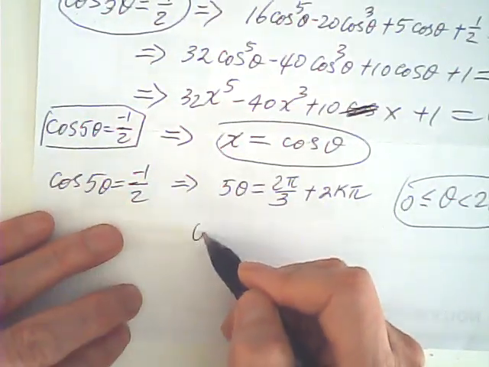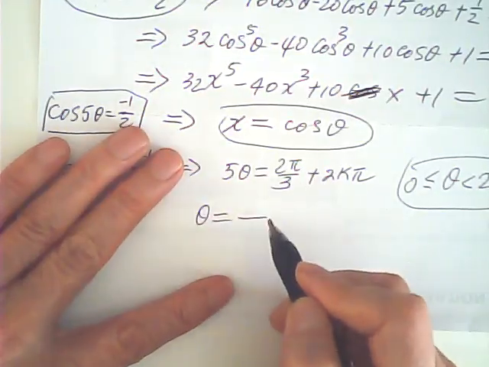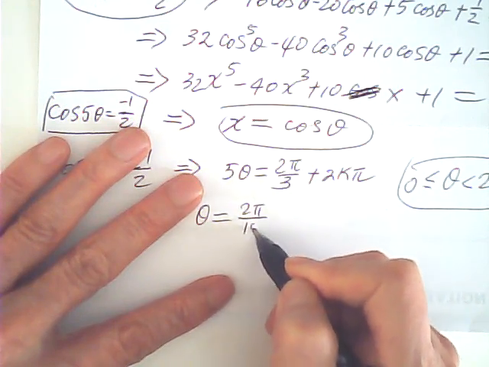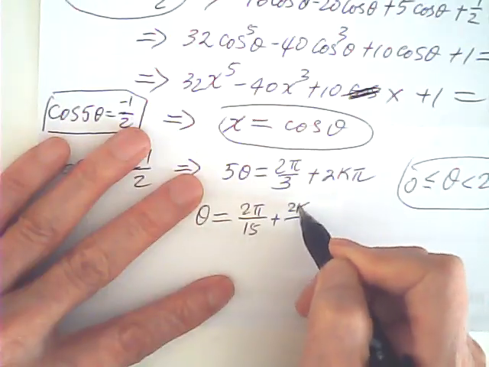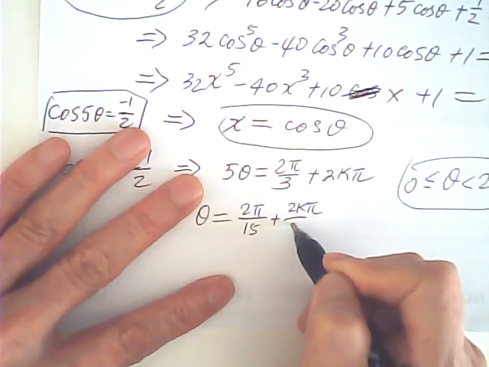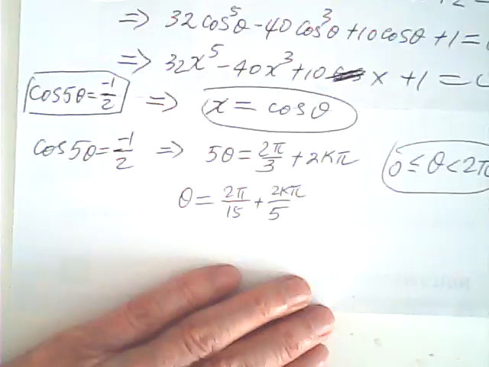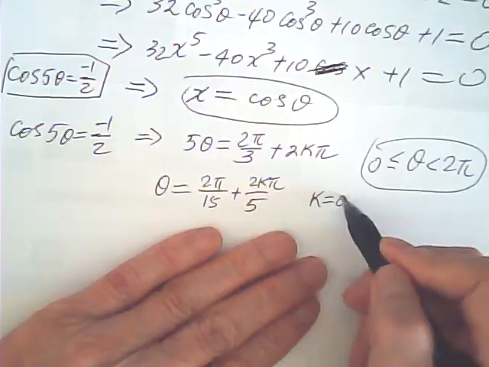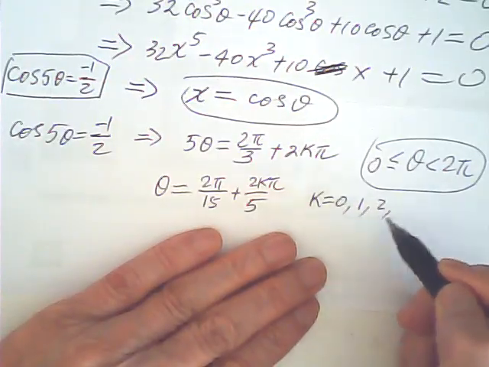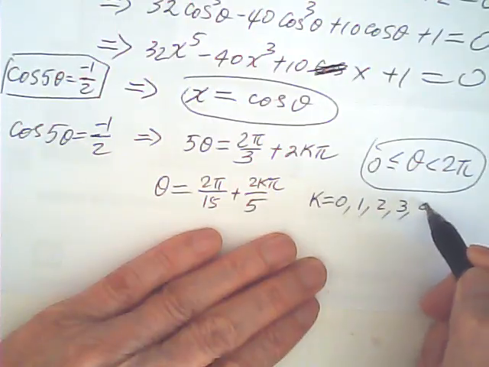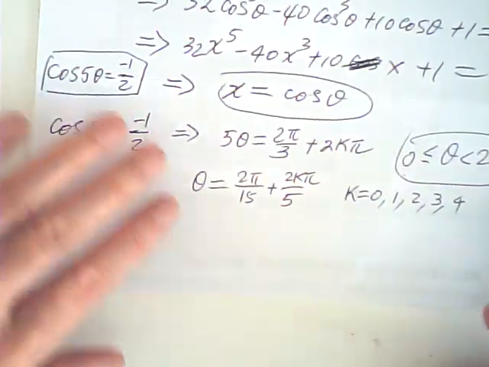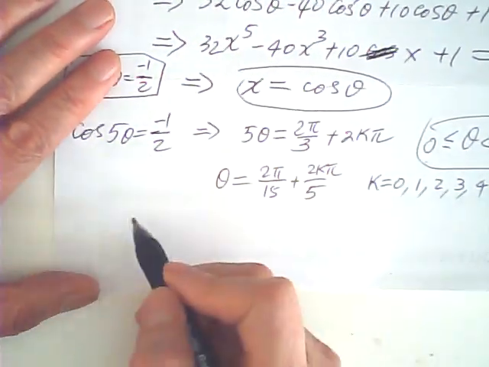So theta is equal to 2 pi over 15 plus 2k pi over 5, k equal to 0, 1, 2, 3, 4. Yes, when theta is less than 2 pi, so we can find that.